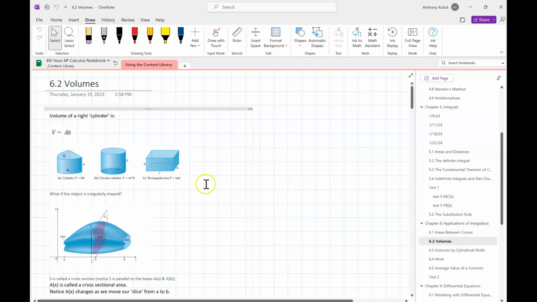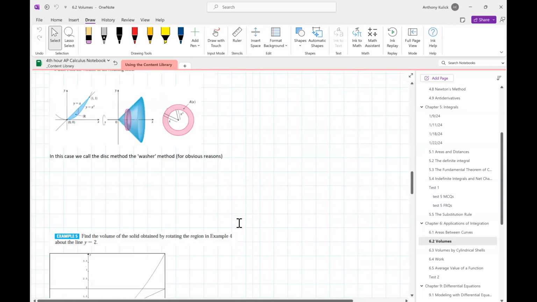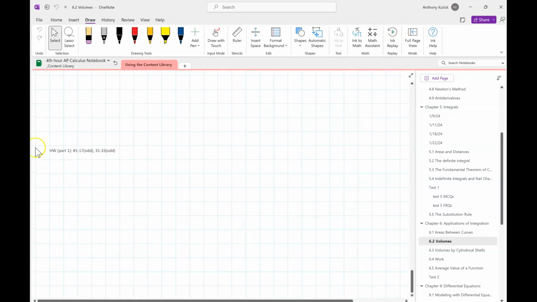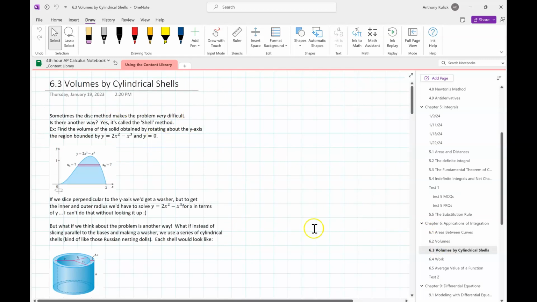The next section we'll be looking at volumes, and the first section on volumes is pretty easy. Section 6.3 is the hardest one for the next test.